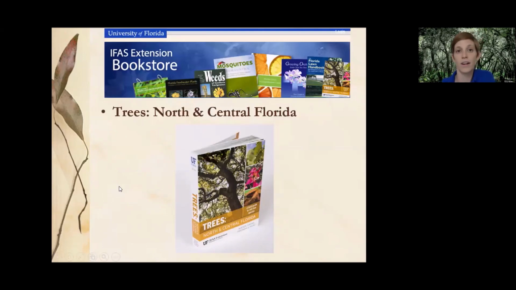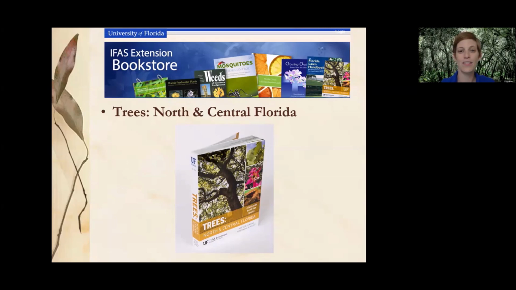This is the book that I would recommend. This is through the UF IFAS Extension Bookstore. It's Trees for North and Central Florida. This was put together by one of our state specialists who moved down here from up north and knew all his trees up there, but he's like, this is a whole new world. Again, that range idea, lots of trees that grow in certain parts of the United States are not found elsewhere.